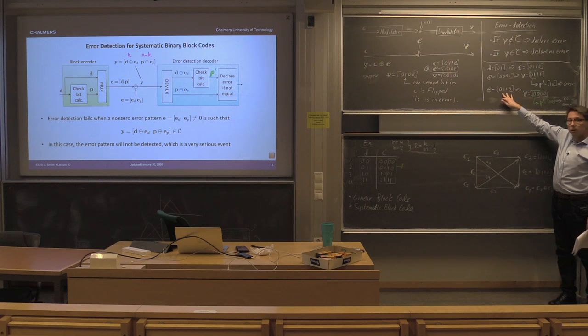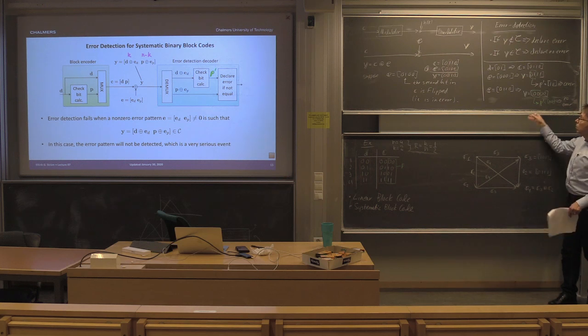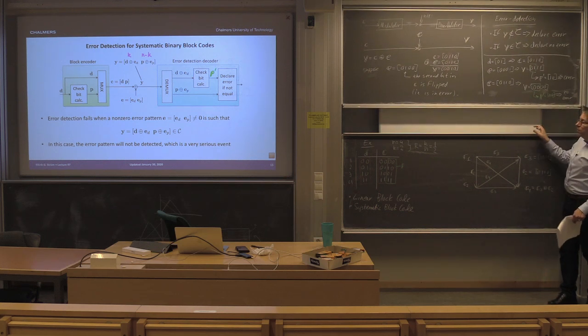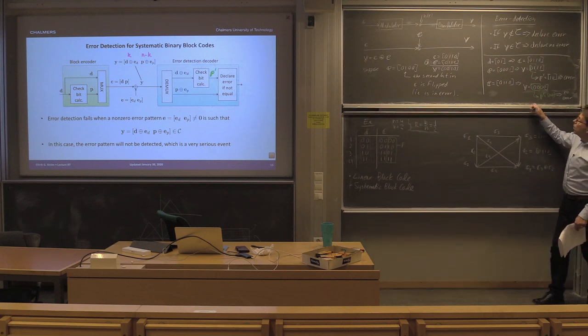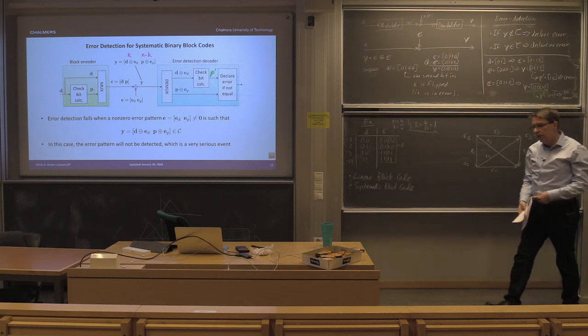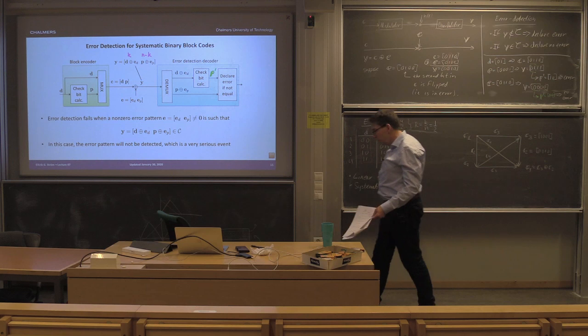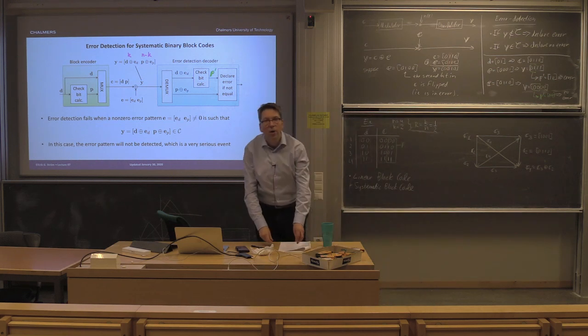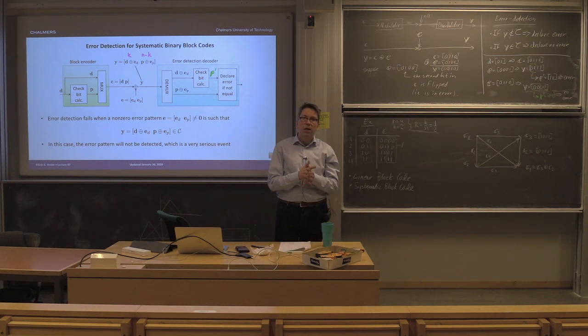And these are bad, right? They cause many difficult problems. So can we say something about what those are? Can we say something, if we have linear block codes, about exactly what patterns are undetectable error patterns?